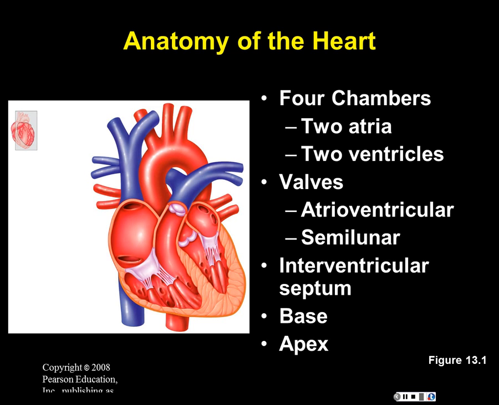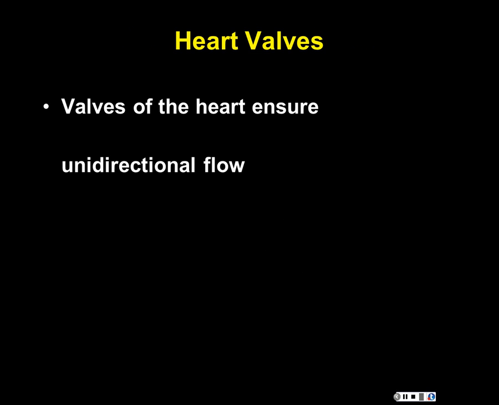The apex. Right. What questions do you have about this gross anatomy of the heart? All right. We already talked about the job of the valves. They make sure the blood goes in one direction, described here as unidirectional.